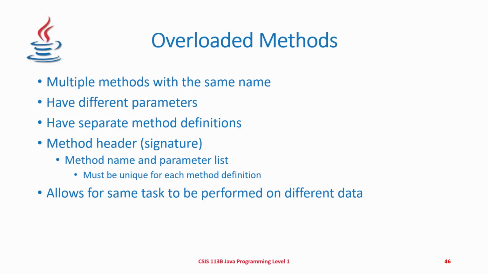The reason that we do that is that we want to allow for that method to perform whatever its task is, but be flexible to the type and number of parameters that can be passed into it. So the last bullet reiterates that overloaded methods allow for the same task to be performed just on different data.